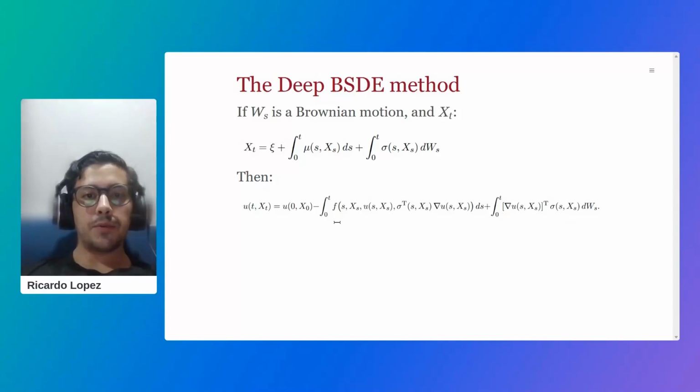And we could inspect this expression and see that the value of the gradient would be the most difficult thing to obtain in this equation. So that's where we will use neural networks to approximate that.